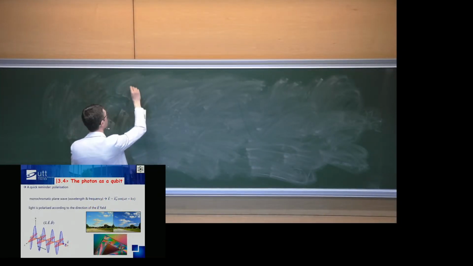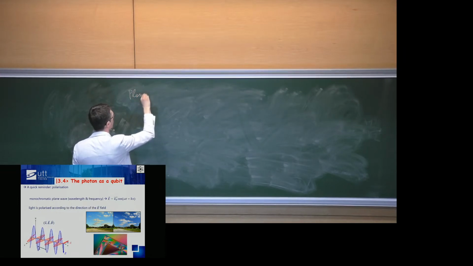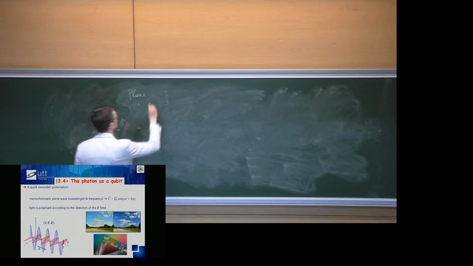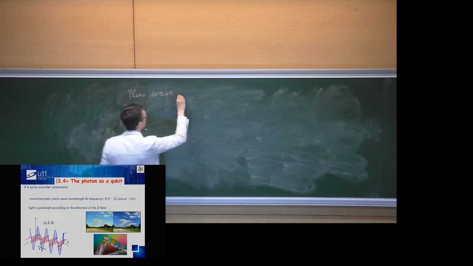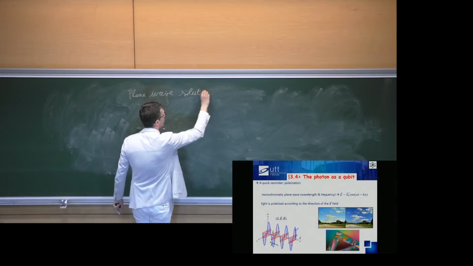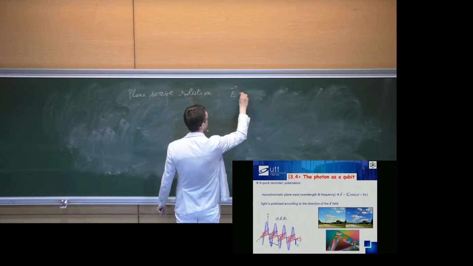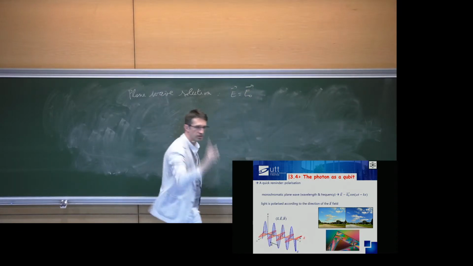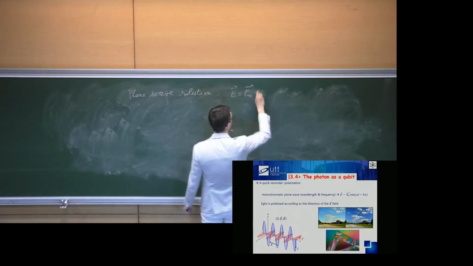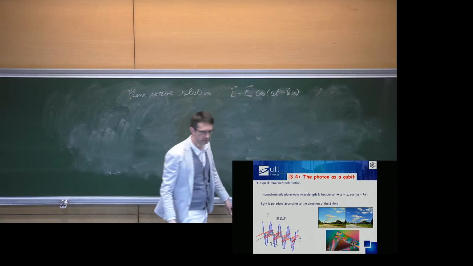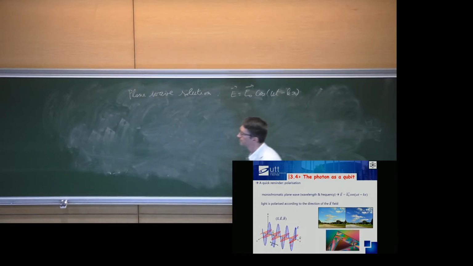If we have a plane wave solution, it's E vector equals E0, the amplitude of the vector, cosine of omega t minus k x, if I'm propagating along x.